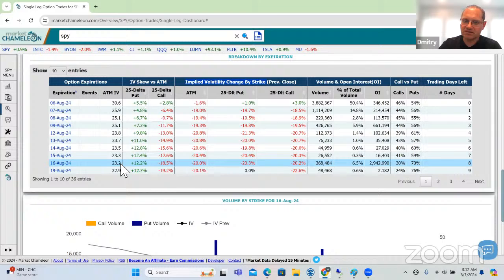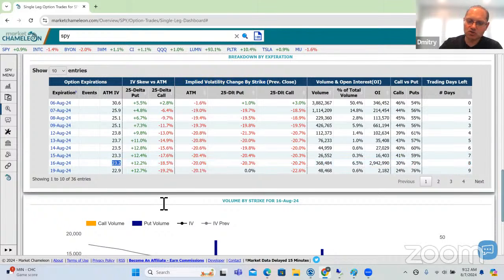If the at the money strike is 23.2 implied volatility, that doesn't mean that every strike is 23.2. We refer to it as a skew. If you look at the implied volatilities of different strikes and different options, they're different. They don't have to be the same, and we've referred to that as an implied volatility skew.